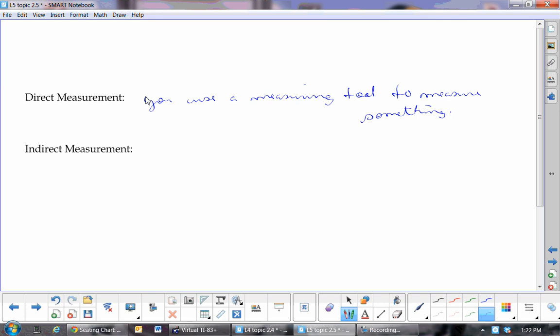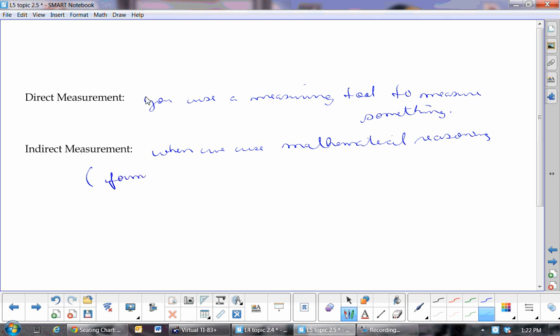But an indirect measurement is when we use mathematical reasoning, and what does that mean?